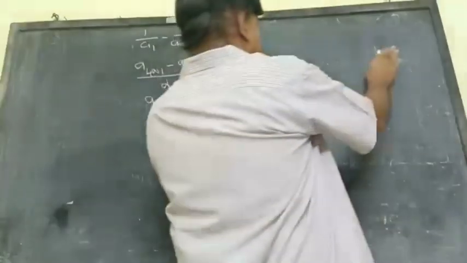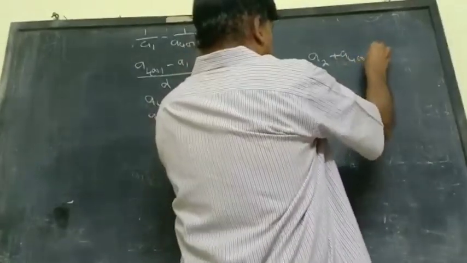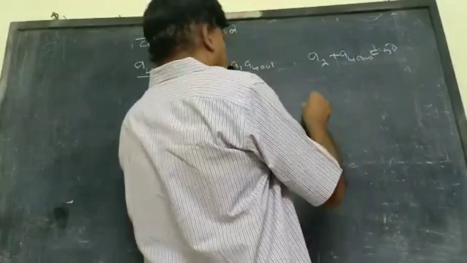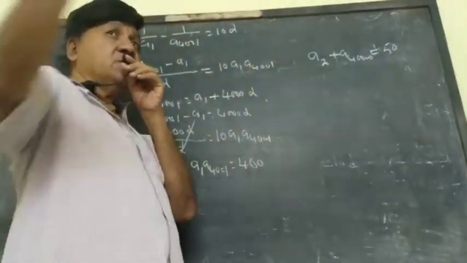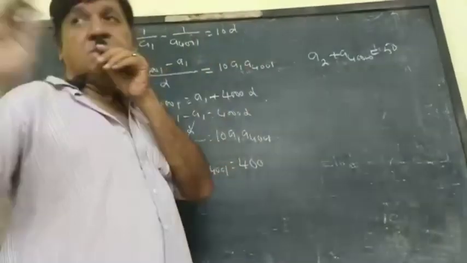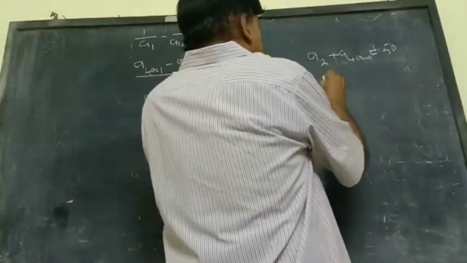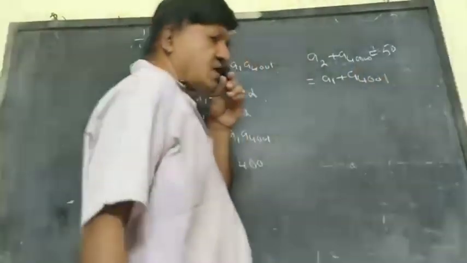See what is given. A2 plus A4000 is equal to 50. You should remember one point in an AP: first term plus last term is equal to second term plus last but one term. So this is also as good as A1 plus A4001.